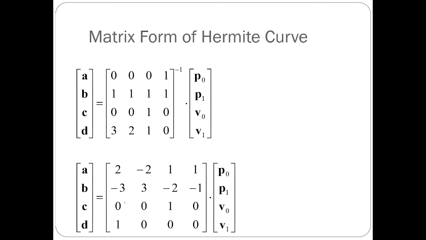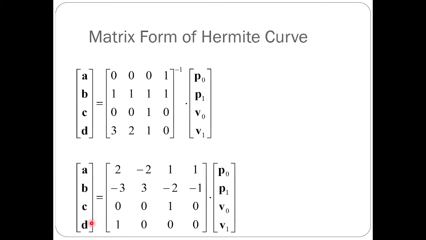Okay, the matrix form of the Hermite curve: A, B, C, D equals the inverse of the matrix 0, 0, 0, 1, 1, 1, 1, 1, 0, 0, 1, 0, 3, 2, 1, 0, times P0, P1, V0, V1.